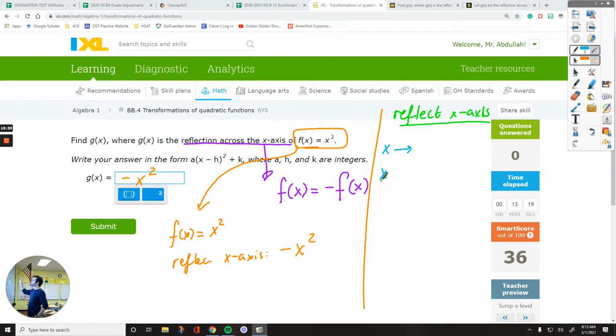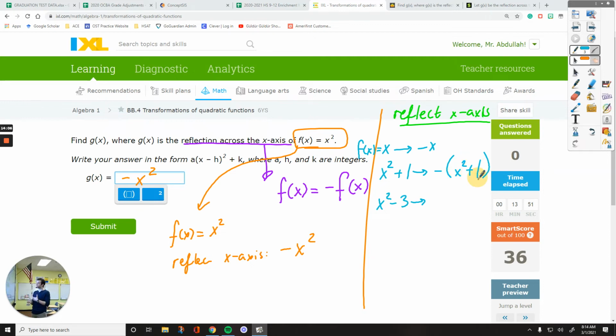Since this is quadratics, let's just keep it the same: x squared plus 1, x squared minus 3. These three would be enough. Basically, these are all f of x equals. On the right side I have x squared, put a negative in front of it. On the right side I have x squared plus 1, put a negative in front of it. Not just in front of the first term, in front of the whole thing. This is what I mean.